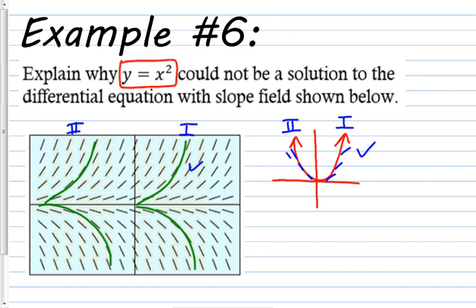So that right there alone is a good reason why y equals x squared couldn't be a solution to the differential equation with this slope field: in the second quadrant, y equals x squared has negative slope, but in this slope field, in the second quadrant, all of the slopes are positive. Okay, next.